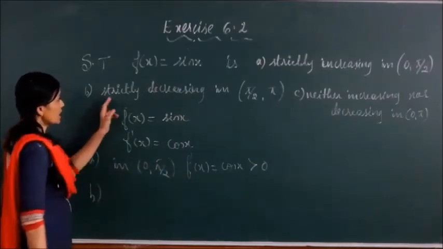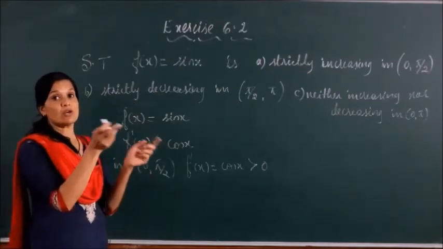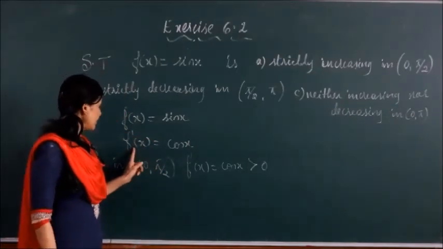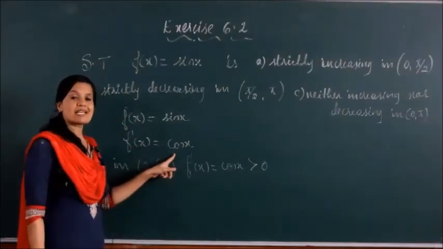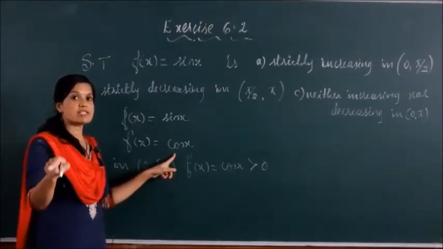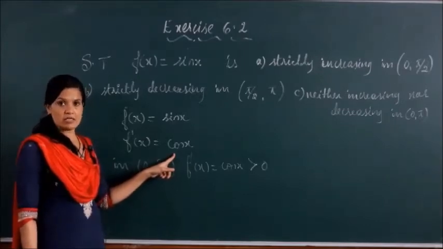B. Strictly decreasing in the interval pi by 2 to pi. Pi by 2 to pi is in the second quadrant. So, in the second quadrant, f dash of x is cos x. In the second quadrant, cos x is negative. So, f dash of x is negative, f dash of x is less than 0.